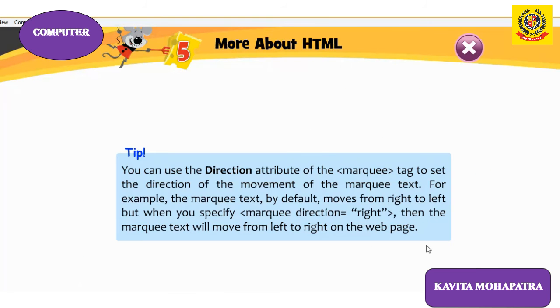You have to use on and off. You can use the direction attribute of the marquee tag to set the direction of movement of the marquee text. For example, the marquee text by default moves from right to left, but when you specify the direction as right, then the marquee text will move from left to right on the web page.